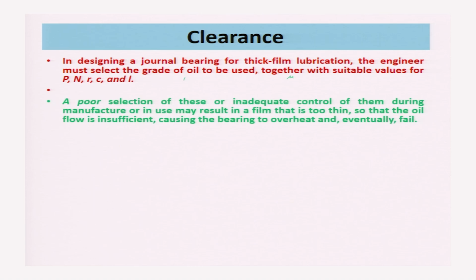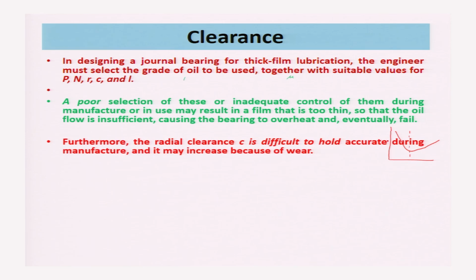A poor selection of these or inadequate control of them during manufacture or in use may result in a film that is too thin, and so you may land up in this zone of the Mackey's diagram, which is the thin film lubrication or the boundary lubrication. That may cause the bearing to overheat and eventually fail.